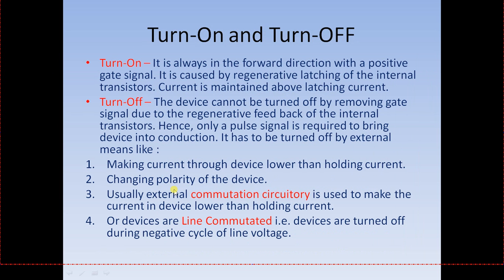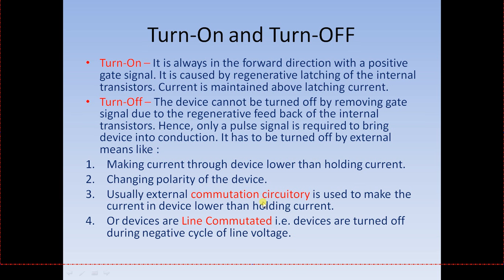Usually, external commutation circuitry is used to make the current in the device lower than the holding current, or devices are line commutated. That is, devices are turned off during negative half cycles of line voltage. We will see line commutated devices during rectification.